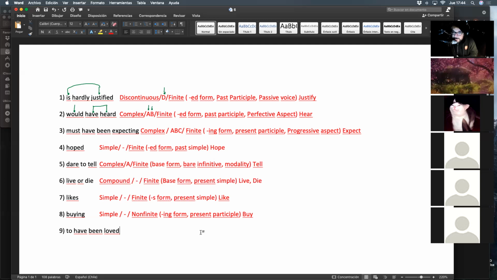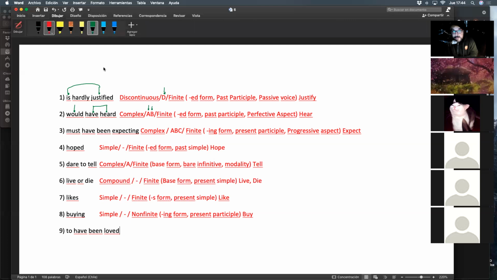Voy a volver a la teoría. Para que buying tenga la letra C, requiere de la presencia del verbo to be. Eso es progresivo.